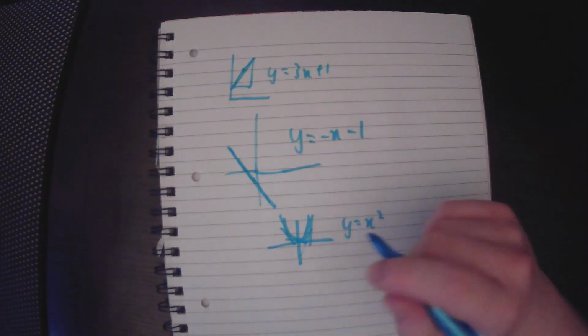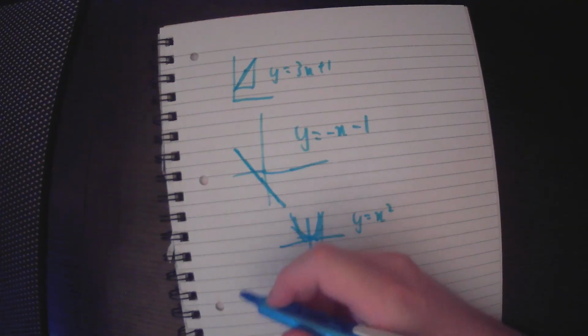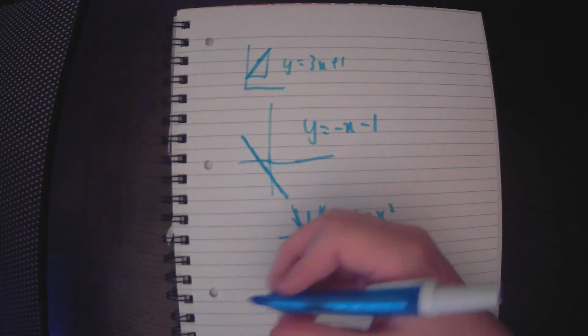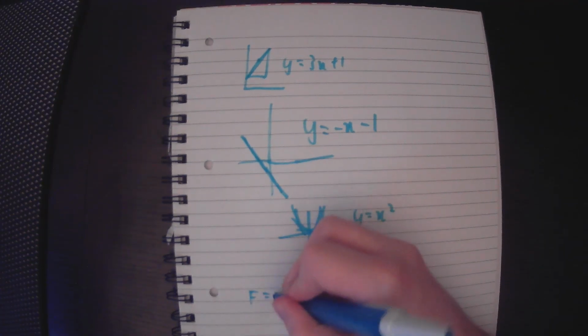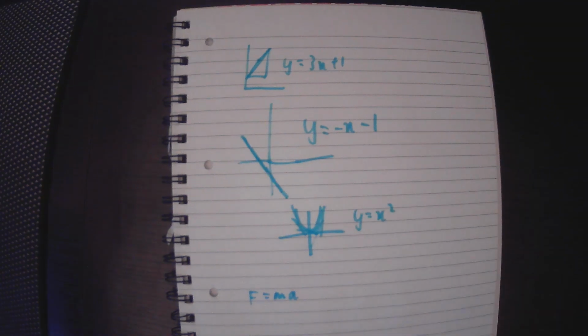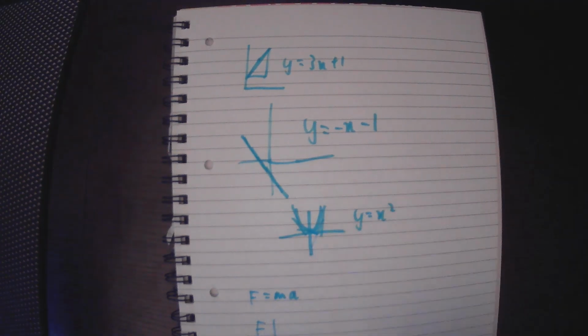So, why do we want a constant gradient? Well, why don't we take Newton's equation F equals ma, Newton's second law, and plot F against acceleration? The mass, therefore, is going to be the gradient.